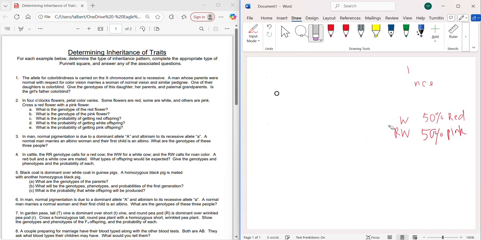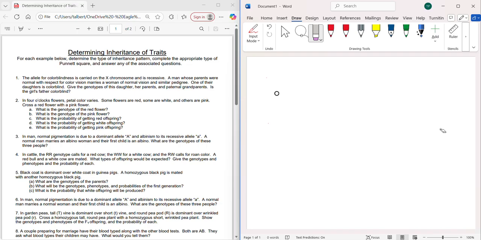Number 3, it says, in man, normal pigmentation is due to a dominant allele A, and albinism is recessive, lowercase a. A normal man marries an albino woman, and their first child is albino. What are the genotypes of these 3 people? Okay, so what type of inheritance pattern is this? Is it incomplete dominance? Is it codominance? Is it sex linked?